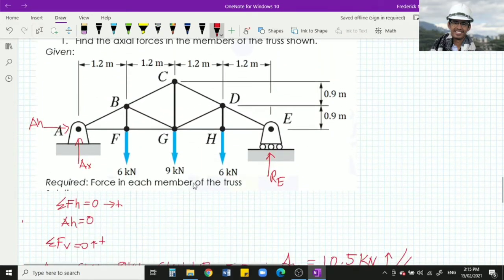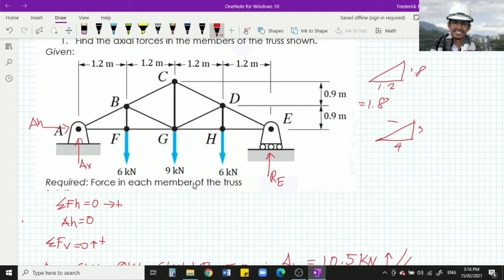So kung 1.2 yan and 0.9 plus 0.9, so that will be 1.8. Yung total nito is 1.8. So meron tayong triangle, 1.8 and 1.2. So that will be equal also sa ating 3, 4, 5 na triangle.